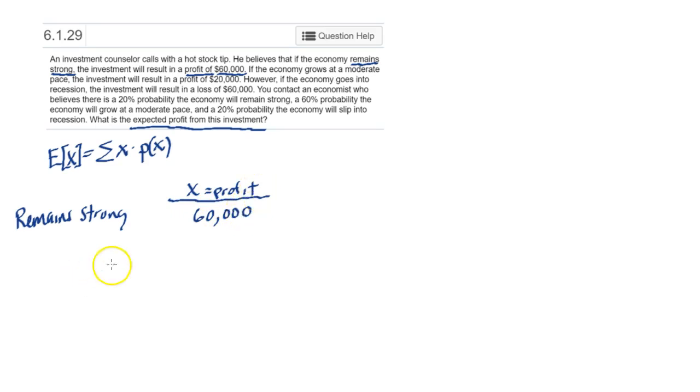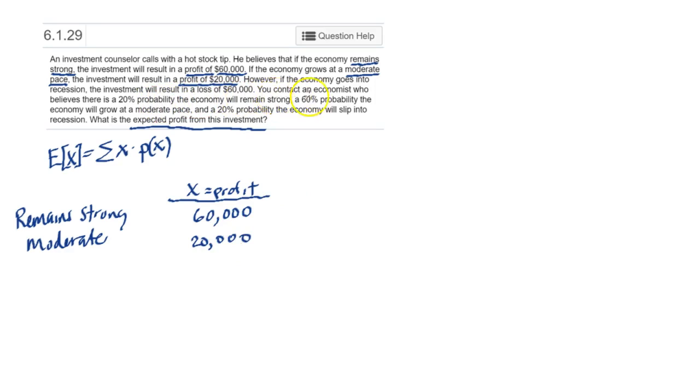And then we also have a moderate pace, which is described here. This will result in a profit of $20,000.